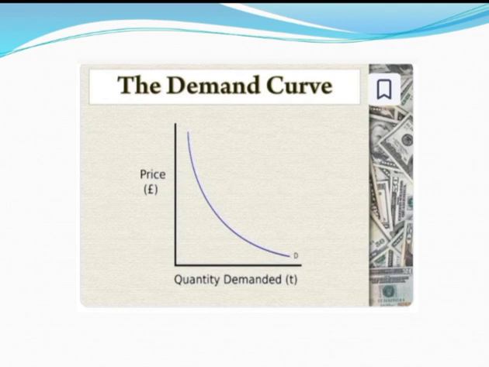Basically, demand follows an inverse relationship: when price rises, demand falls, and when price falls, demand rises. So demand goes downward from left to right. It clearly shows that when price rises, demand falls, and when price falls, demand rises.